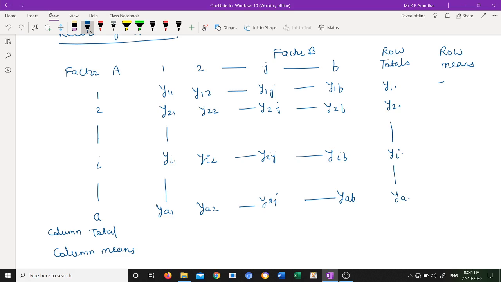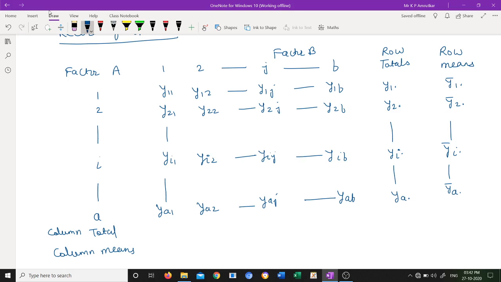The row mean means the mean of levels of factor A. The first mean is denoted by y bar 1 dot, y bar 2 dot, here it is y bar i dot. Y bar i dot means the mean of all observations due to the ith level of factor A, and this one is y bar A dot.